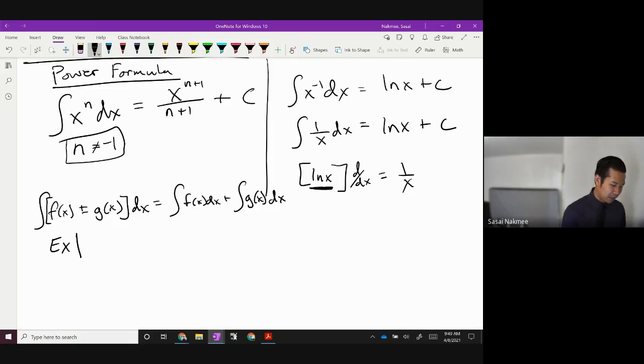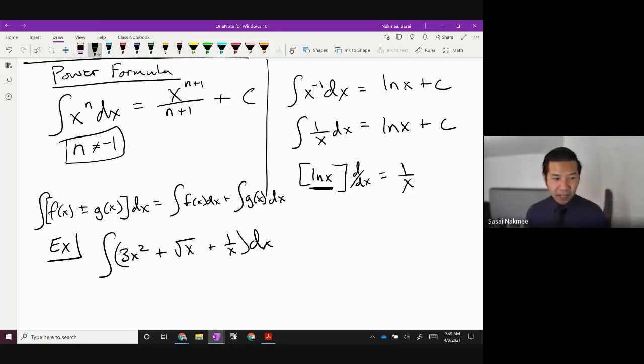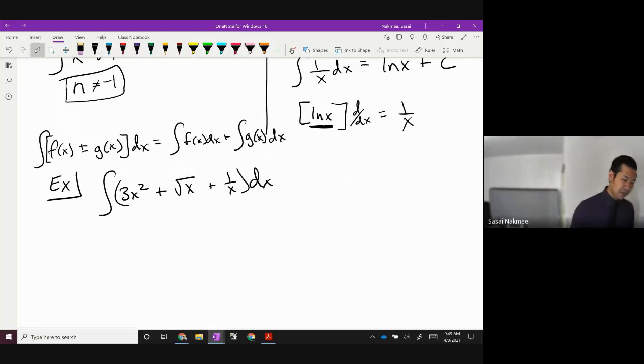But let me show you an example here. If I have the integral of 3x squared plus the square root of x plus 1 over x dx, this looks complicated, annoying, and harsh to deal with, but thanks to our property of being able to add and subtract functions and split them up into different integrals, I can do these all individually.